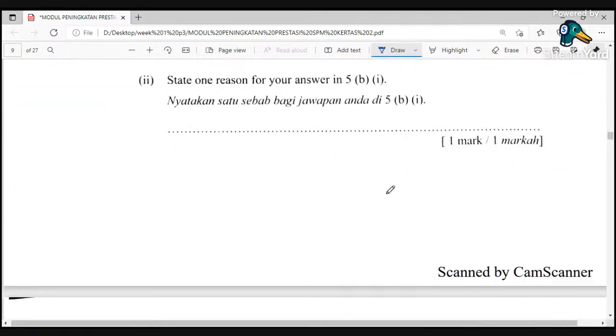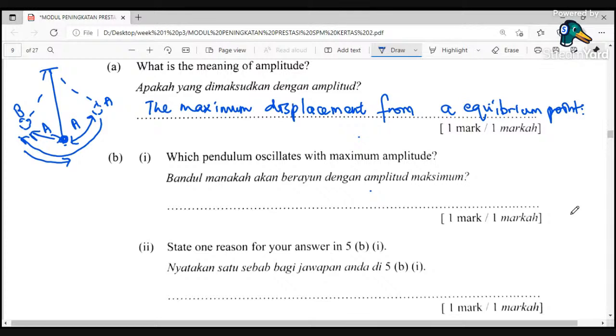X dengan B tu dia same length. Kalau dia same length maksudnya period dia sama. So kalau period dia sama, B akan receive force from X at same frequency, okay, which is same as its natural frequency. So means the force frequency equals to natural frequency.